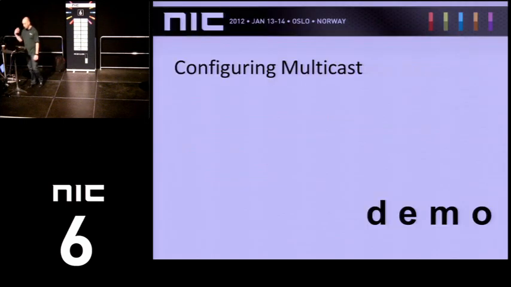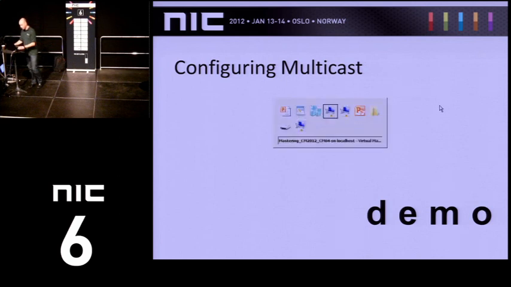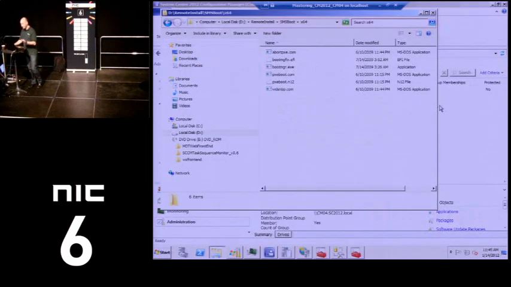So what do we need to do to enable multicast? Two checkboxes. Please be aware, in the RC1 release, the multicast thing is a little bit buggy. What you may run into is that you have a perfectly working lab with a single DP.